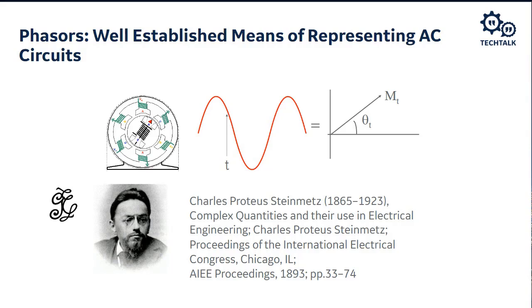We can do a Fourier transform of that sinusoid to get a magnitude, or we could do an RMS transform and get the RMS quantity of that sinusoid, and that could be our magnitude for that vector. And then where that particular sinusoid crosses the zero axis relative to other quantities on the power system could be our angle, right?